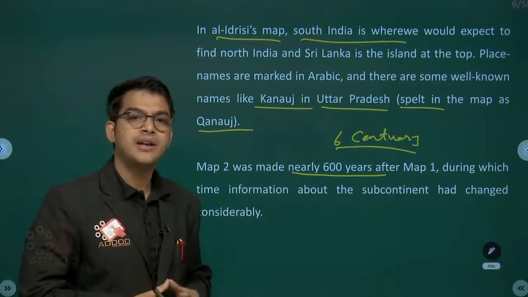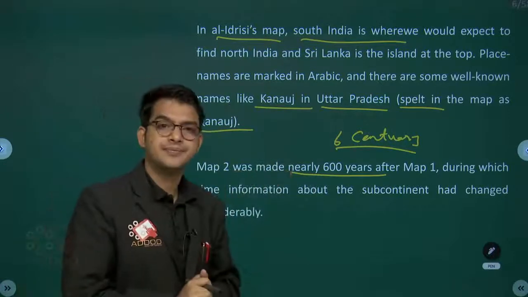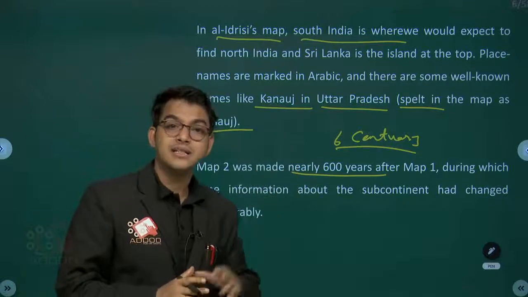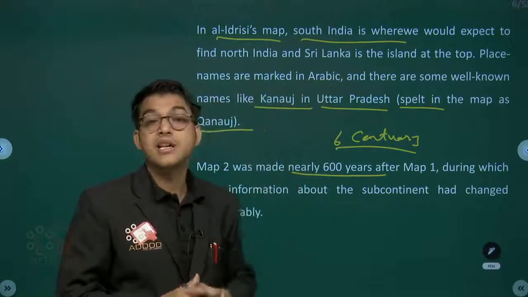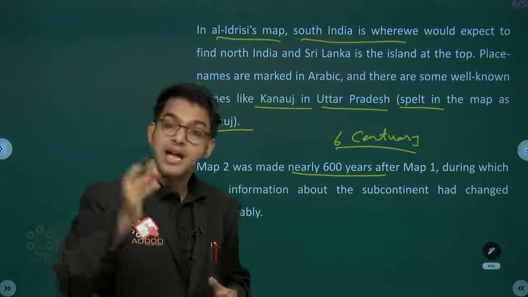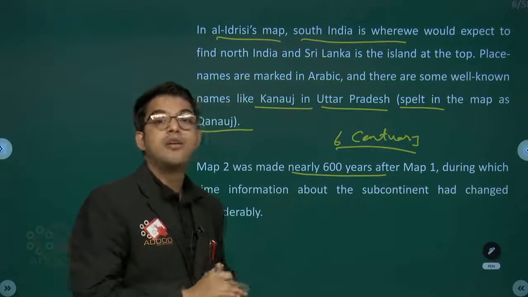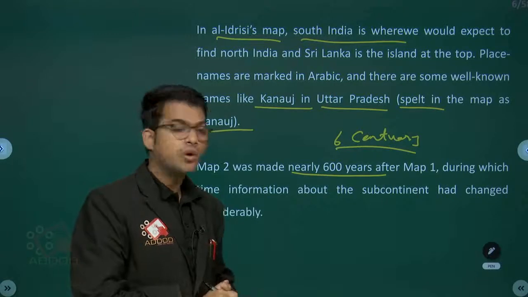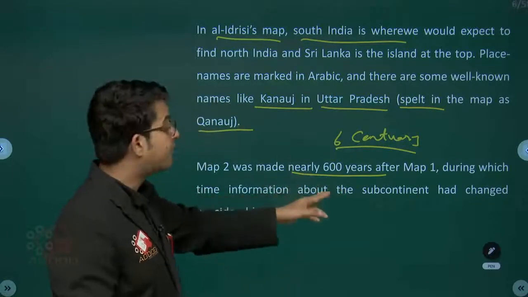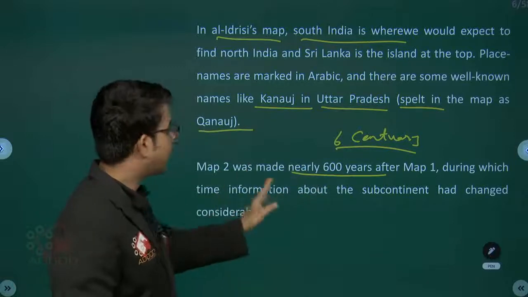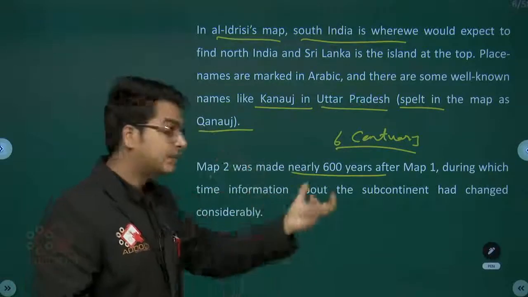Now you are in 7th class and you are studying this. Go to that time and find out what the changes were in your village, your town, your society, and how much it had changed in just 4 or 5 years. You will certainly find some changes. So, after map 1, during which time information about the subcontinent had considerably changed.